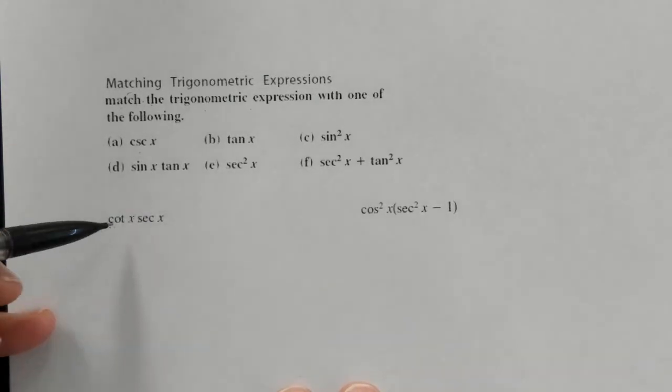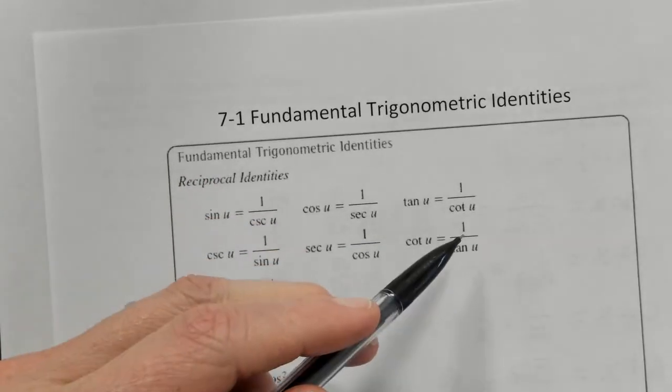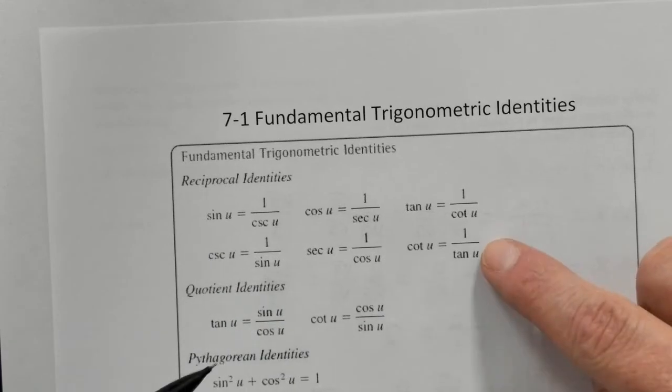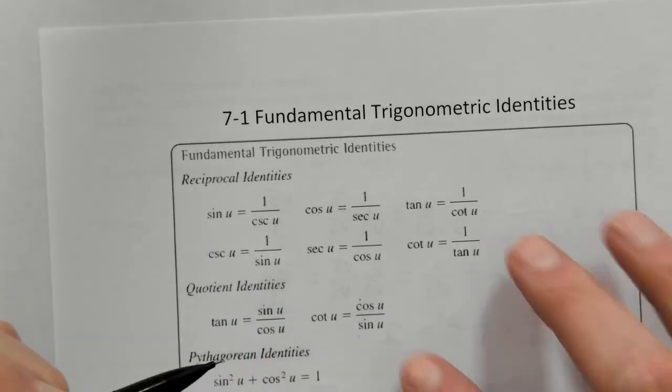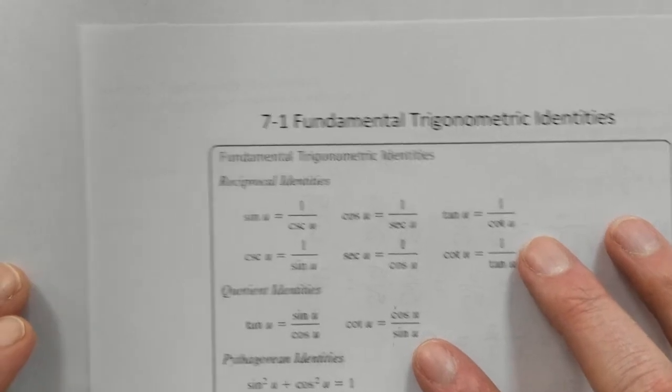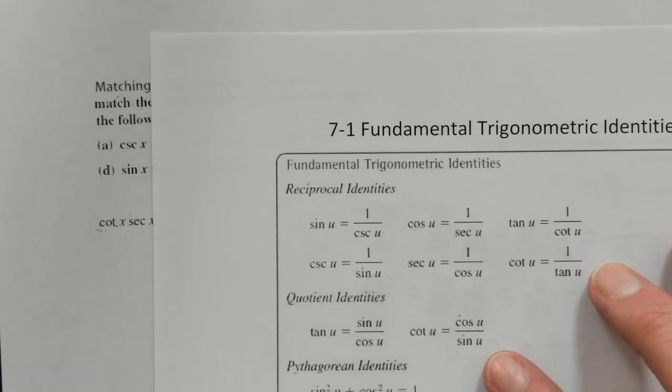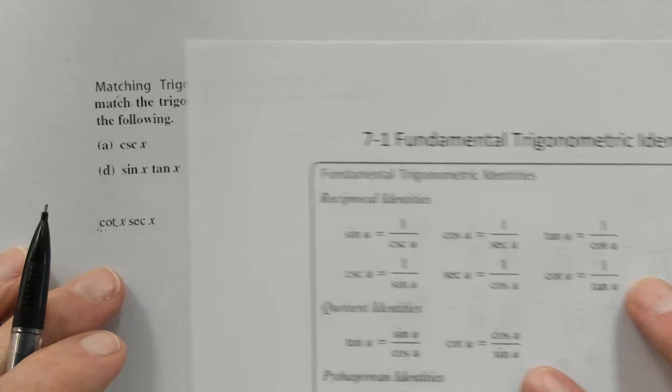So what can we change cotangent into? Well, we can change cotangent into either 1 over tangent or cosine over sine. Now, let me just say from the beginning, this is kind of like putting a puzzle together. You want to see which one is going to allow you to get to your destination.